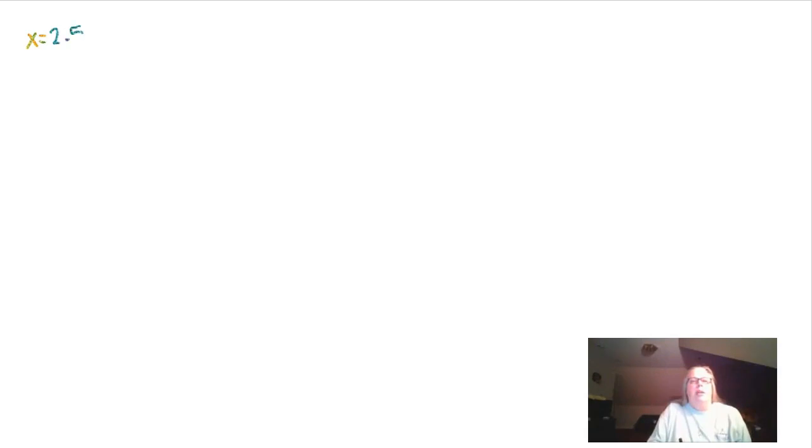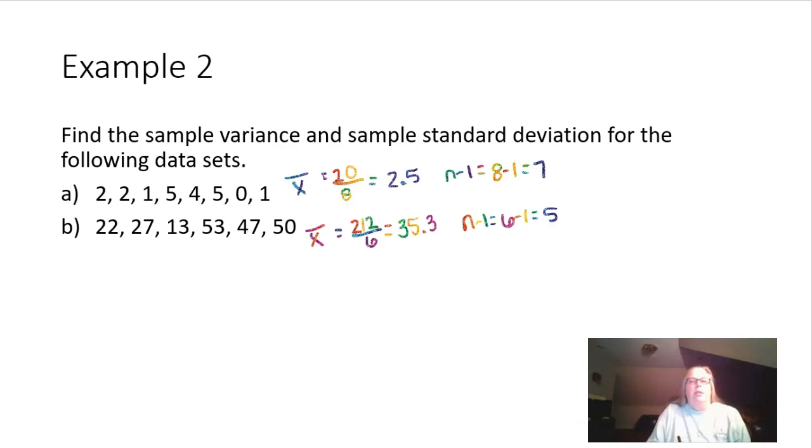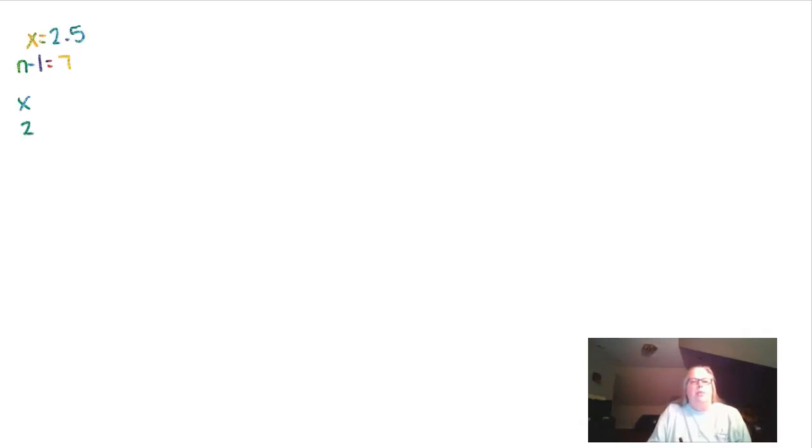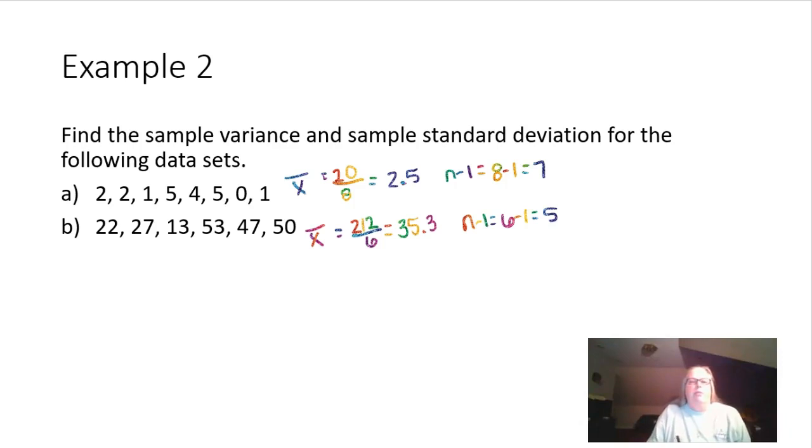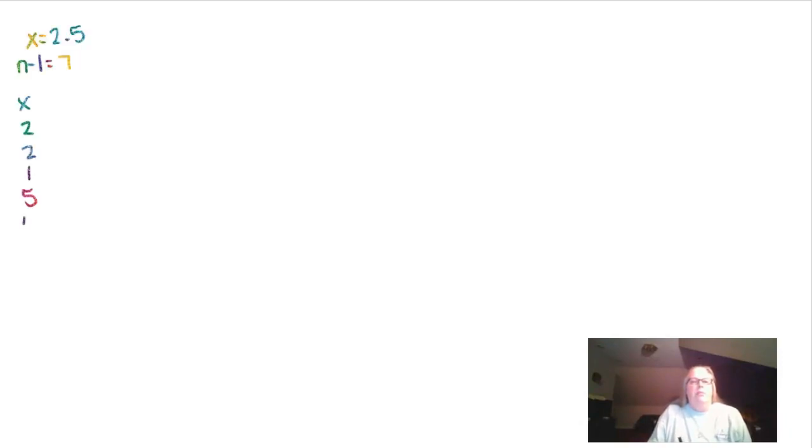All right, we know that in part A, the mean was 2.5 and n-1 was 7. And we've got to put all these data points in here. So let's see, we've got 2, 2, 1, 5, 4, 5, 0, 1.